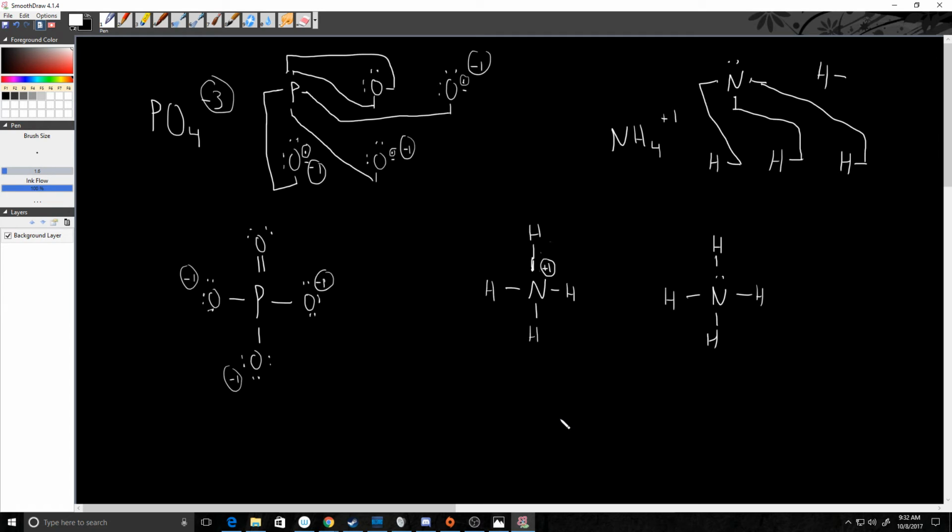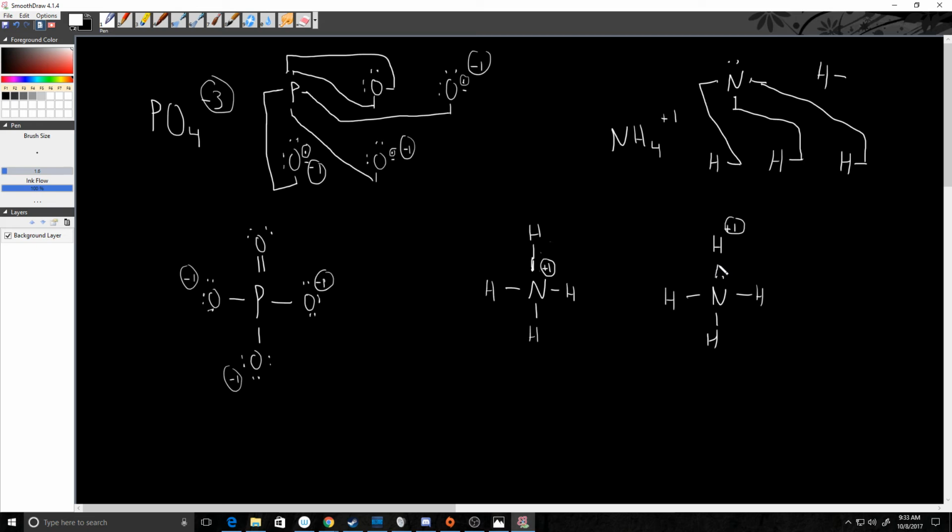But if we wanted to look at things in a little bit more complex way, the way that we actually do see, what if we took away an electron from a hydrogen? So now essentially we just have this proton flying around. Now this hydrogen still wants 2 electrons, and it just so happens nitrogen has these 2 electrons that could share right there.